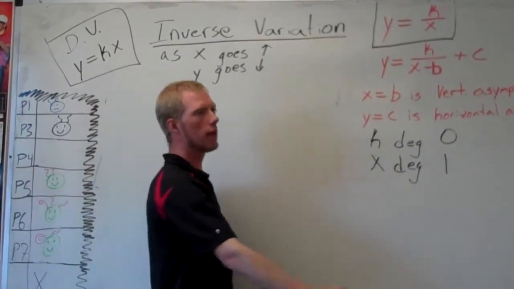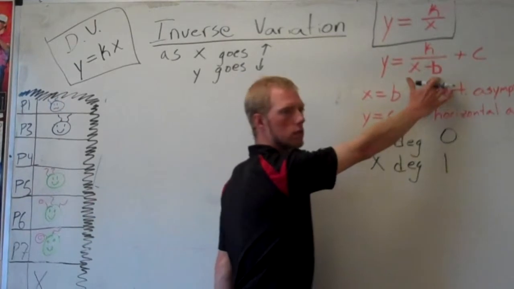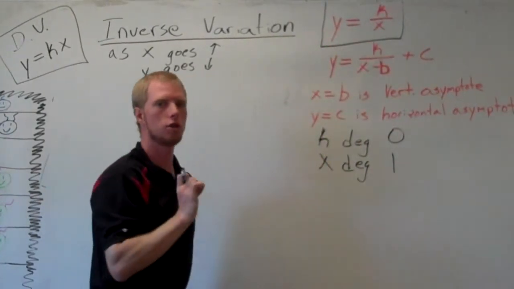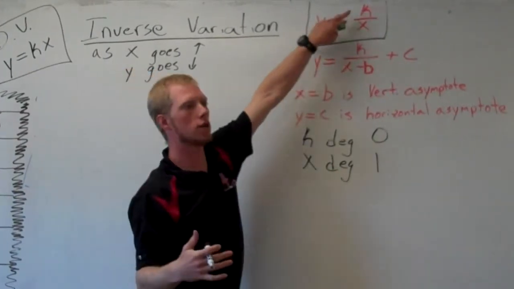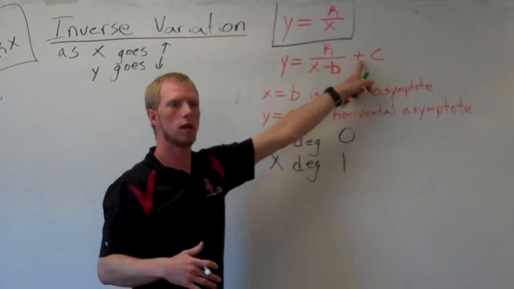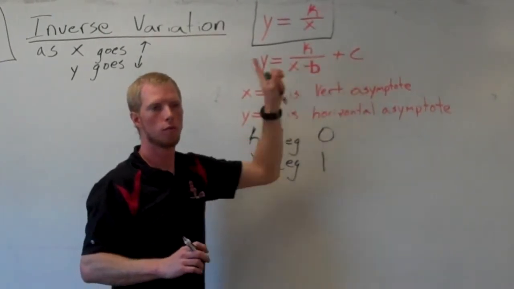We will eventually get into translations of inverse variation. So inverse variation just has k and x, but the translation has addition and subtraction.